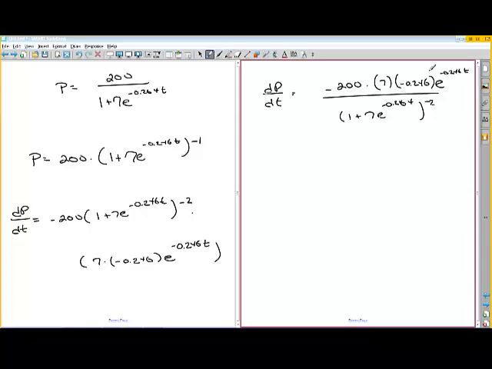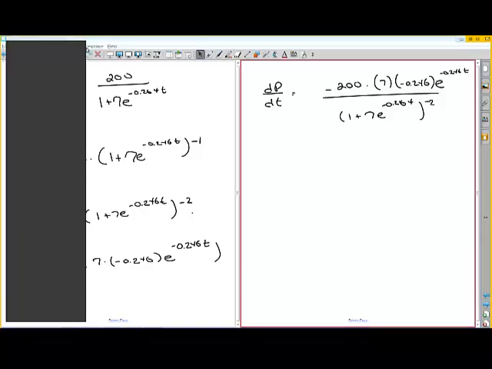I'm just going to see what the book says. Y is increasing most rapidly where y is equal to 200 over 2, which corresponds to 7.37 years. So how do we know that? I'm going to have to think about that for a second.